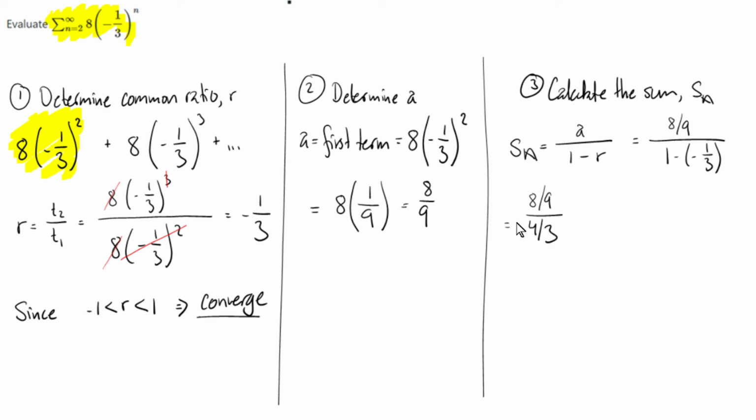We rewrite this as a multiplication, so the numerator times the reciprocal of the denominator, so 3/4. Okay, and we can reduce this to 2/3, and that's going to be the sum of the following infinite geometric series as n approaches infinity.